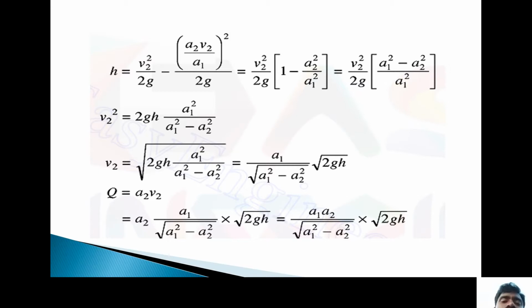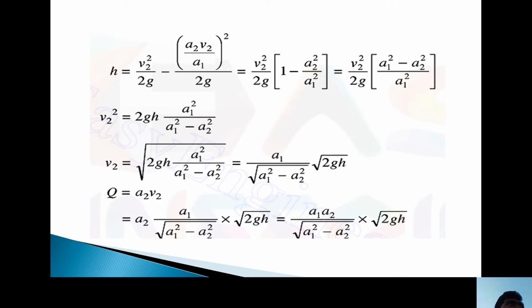Therefore, the discharge Q equals A2 V2. V2 value is calculated as A1 by root of (A1 square minus A2 square) into root of 2GH.